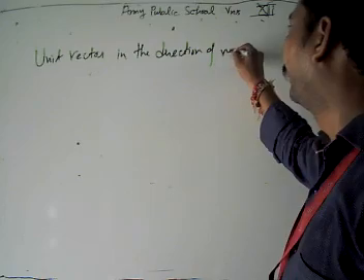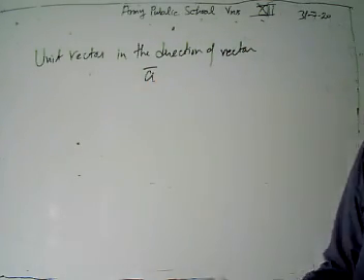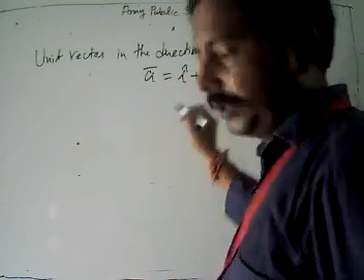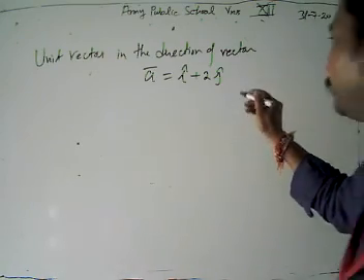Here we have to find the unit vector in the direction of the vector. What is the vector? A is equal to I cap plus j cap plus 2 k cap.